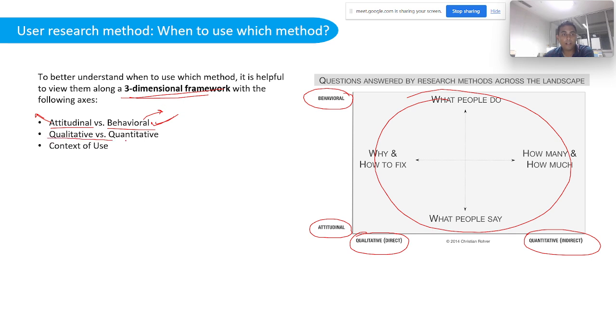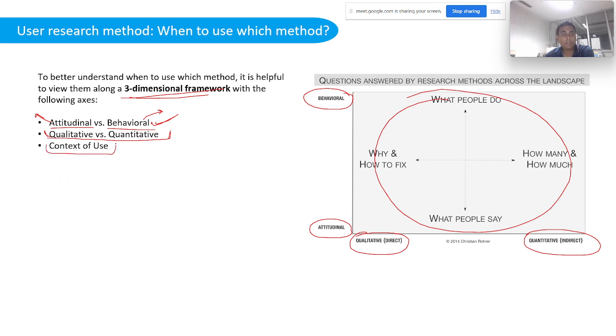Similarly, whether you choose a qualitative technique, where the output will be qualitative data, or quantitative data. Depending upon that also you choose your user study method.